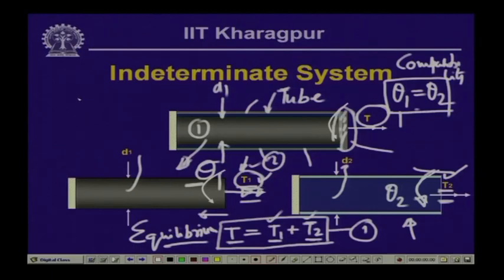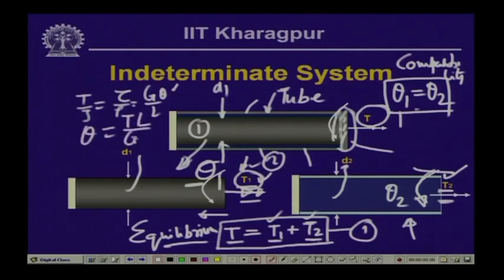Now, let us write theta 1 and theta 2 in terms of the twisting moment. As we know, T by J is equal to tau by rho is equal to G theta by L. So, theta in terms of T is equal to TL by GJ. So, theta 1 is equal to T1 L by G J1, where the length L is the same, because both are within the same confinement.